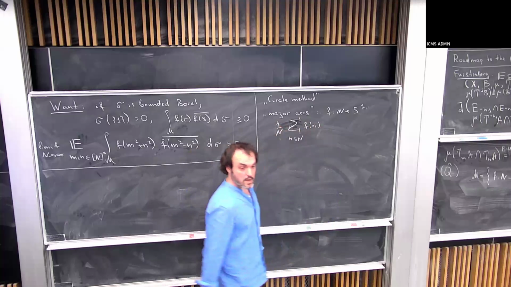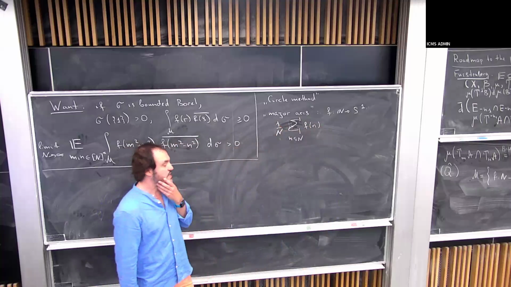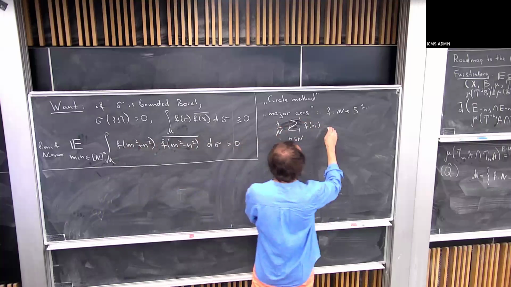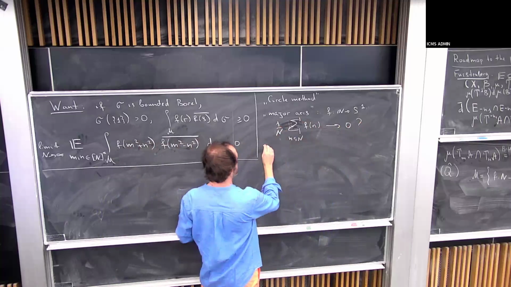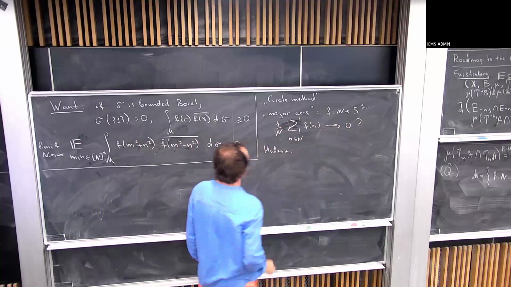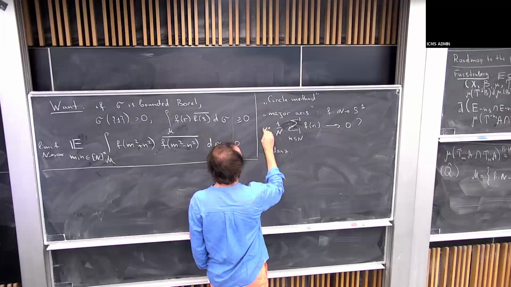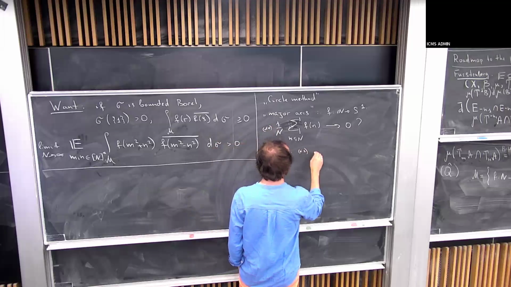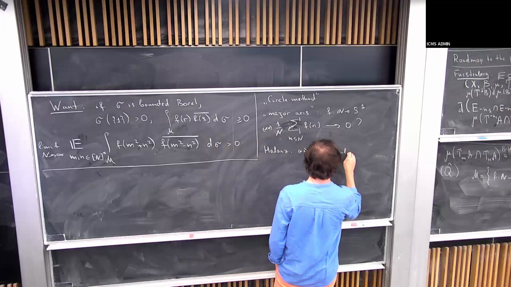Halász already, at the end of the 60s, told us when it happens. There is a theorem of Halász which says that these averages, the double stars, converge to zero unless they don't.